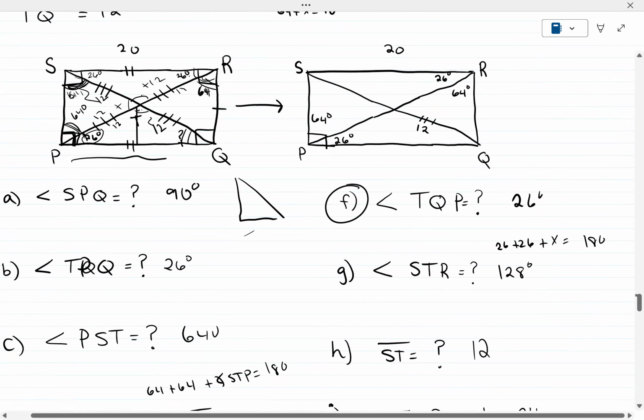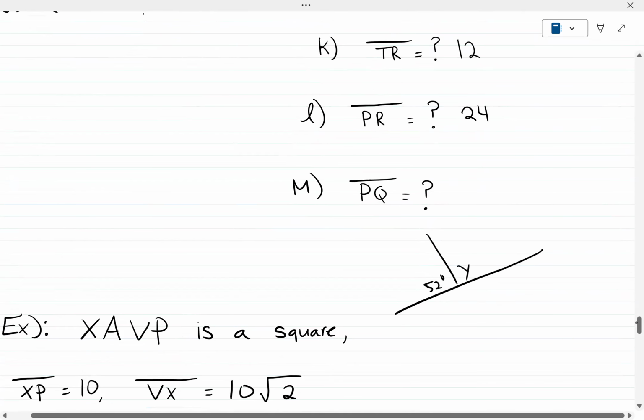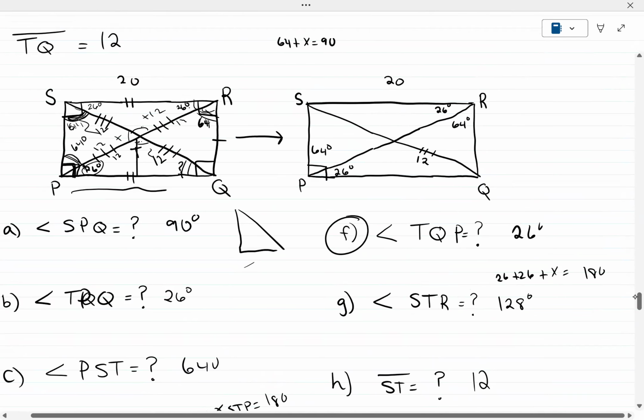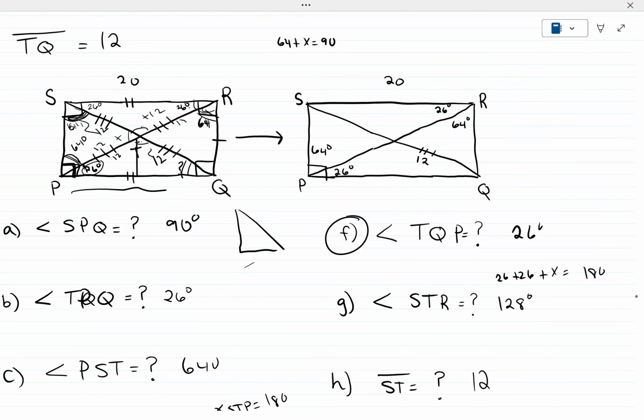We found that this angle here is 52, and we have to find out this length. Wait, PQ is 20 because the length of SR is 20, and opposite parallel sides are congruent. So yeah.